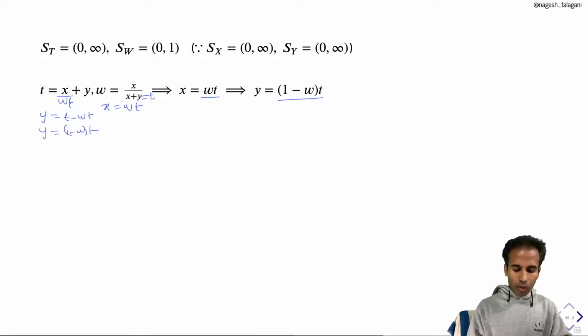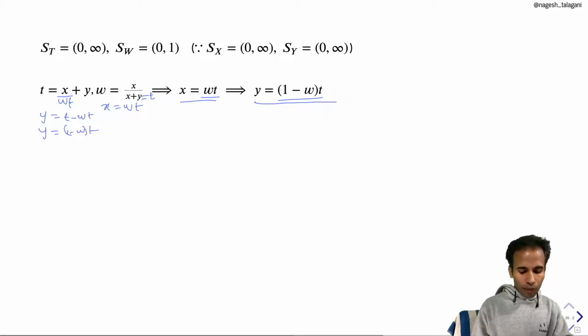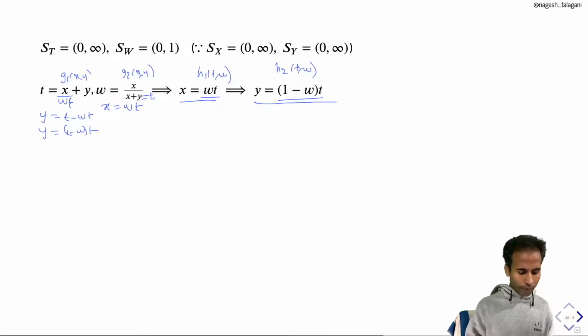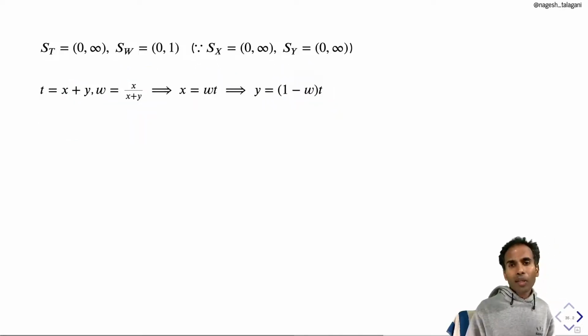Okay, so we have x equal to wt, y equal to 1 minus w times t. If you think like this, one is g1 of x y, this one is g2 of x y. This wt is going to be h1 of t w, this 1 minus w times t is going to be h2 of t w. Okay, fine.